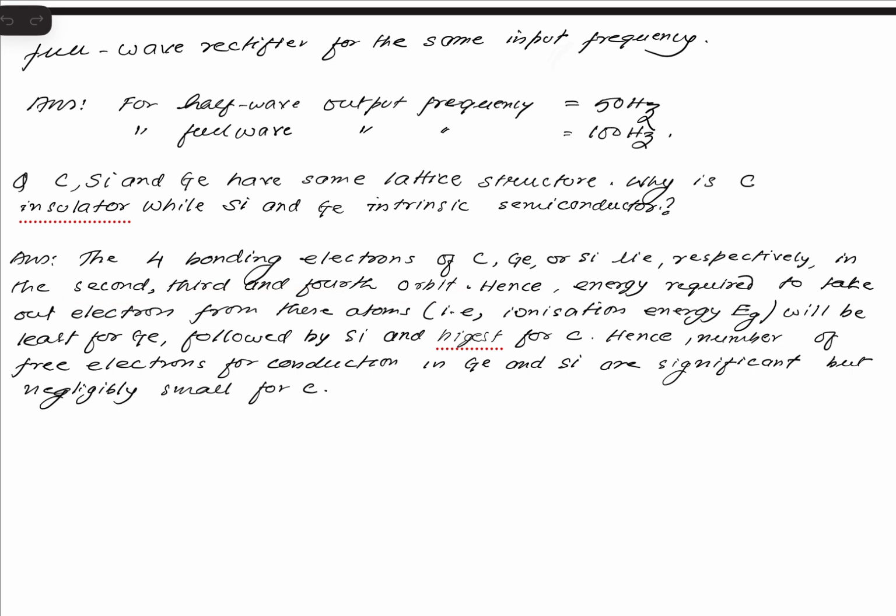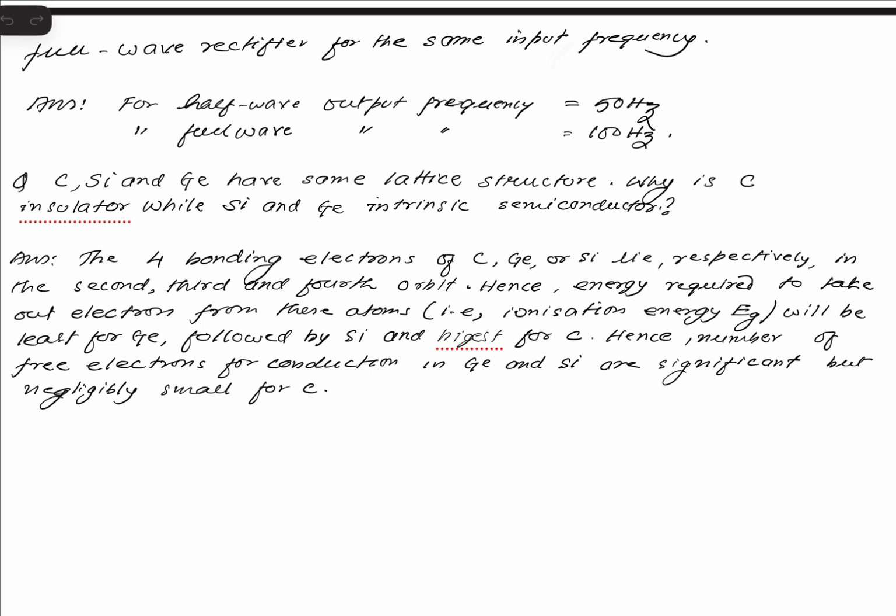For carbon, what is the atomic number? 6, configuration 2, 4. Which orbit? Second. For carbon it is second. For silicon it is third: silicon is 14, 2, 8, and this is 4, third one. For germanium it is fourth.